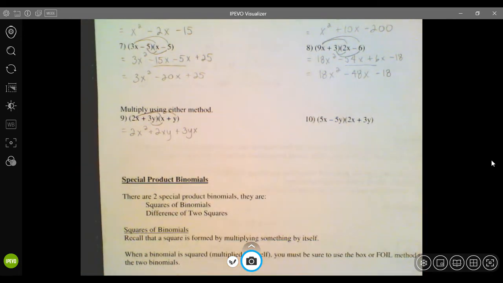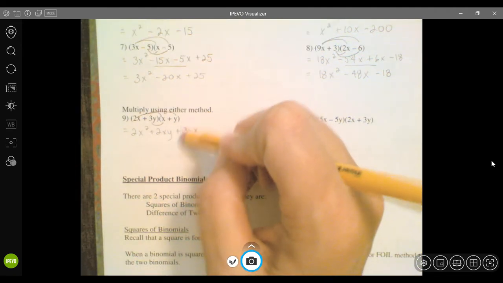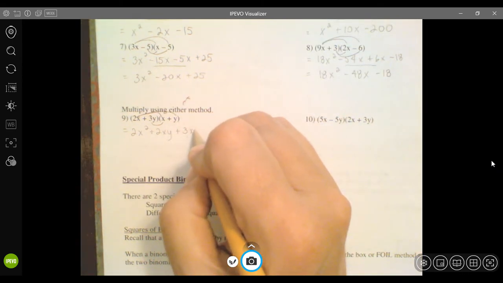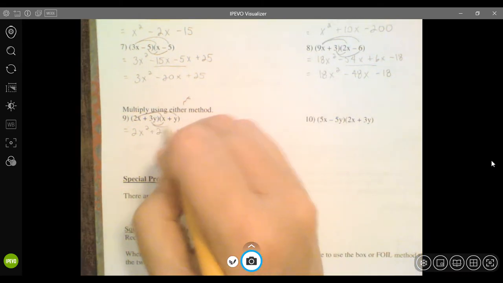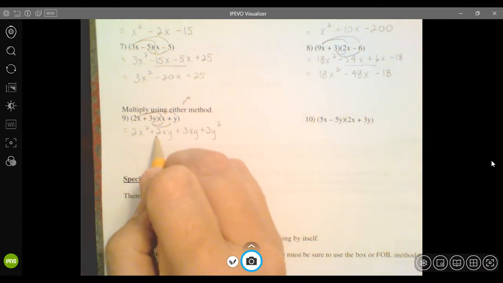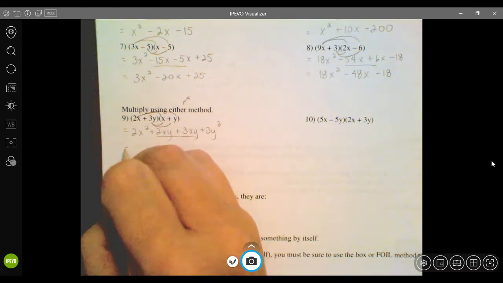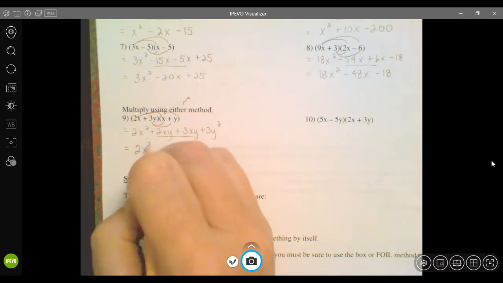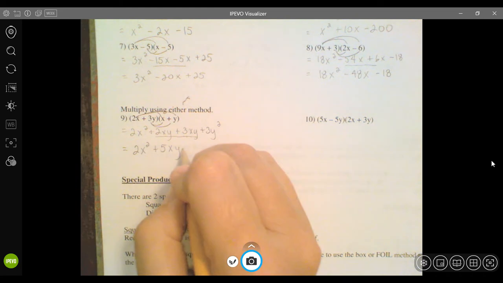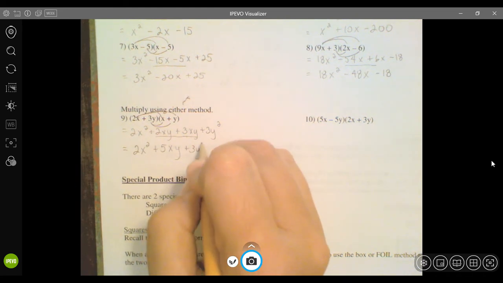It's 3yx. However, in algebra, you always want to write your variables alphabetically. And then last times last is 3y squared. So here are my like terms. So we'll get 2x squared plus 5xy plus 3y squared.